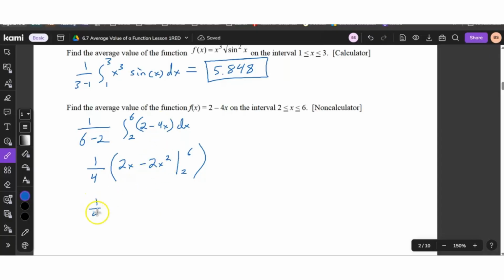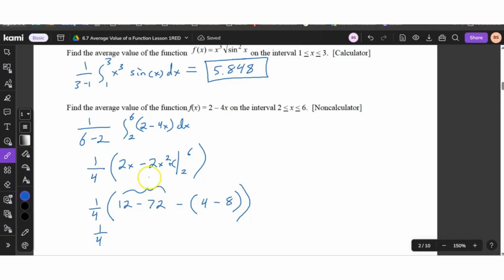Okay, so now, you're right, I should have technically put C. Now we evaluate that from 6 to 2, so that's going to be 12 minus 72, minus 4 minus 8. You plugged in the 6 first. Yep, plugged in 6, then I plug in 2, right?